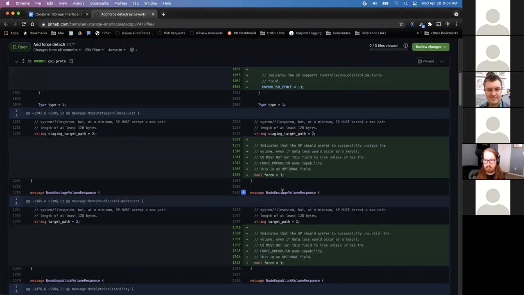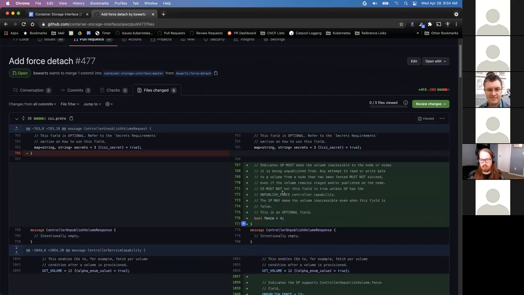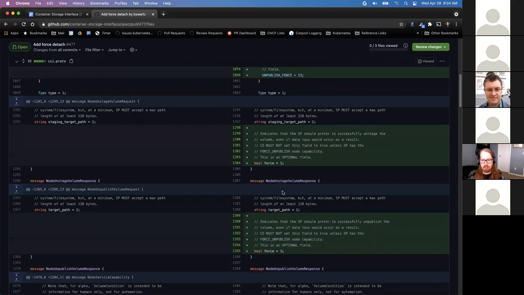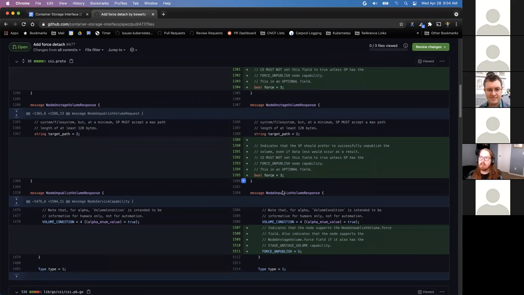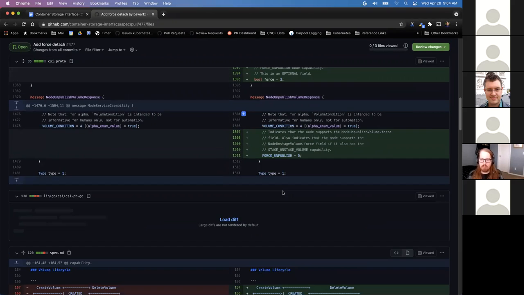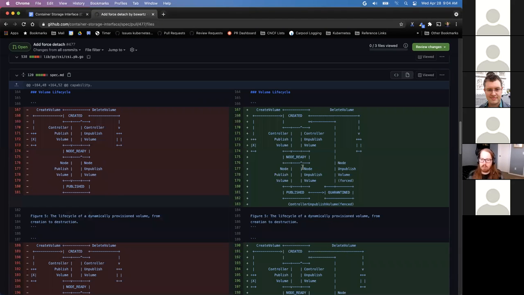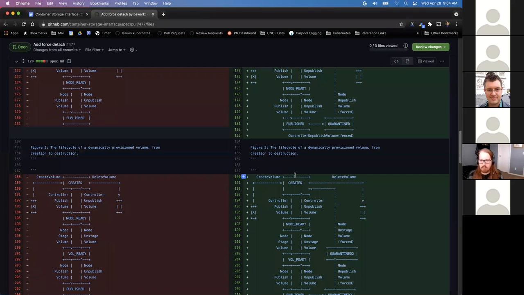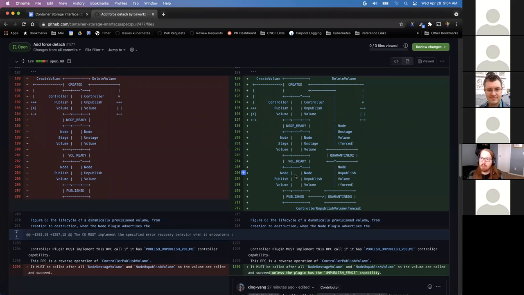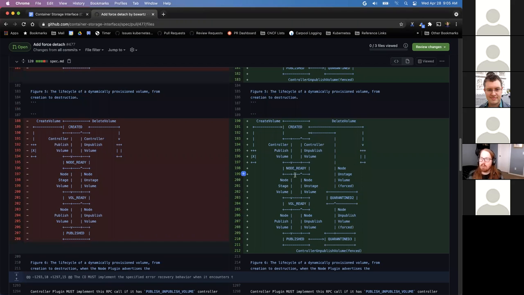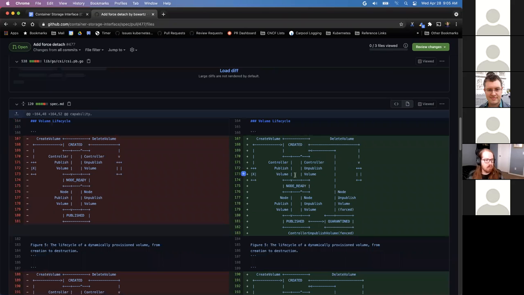The goal here is, under circumstances when a node is unreachable and unmanageable by the CO, to be able to force disconnect that node from a volume so that the volume may be safely connected to another node, just to minimize downtime of whatever application was consuming that volume.